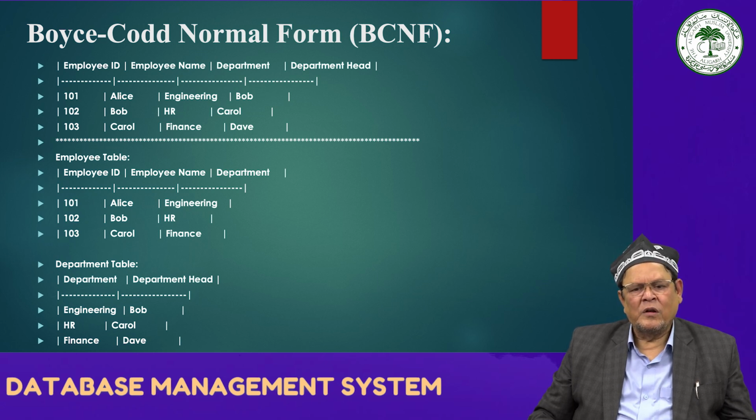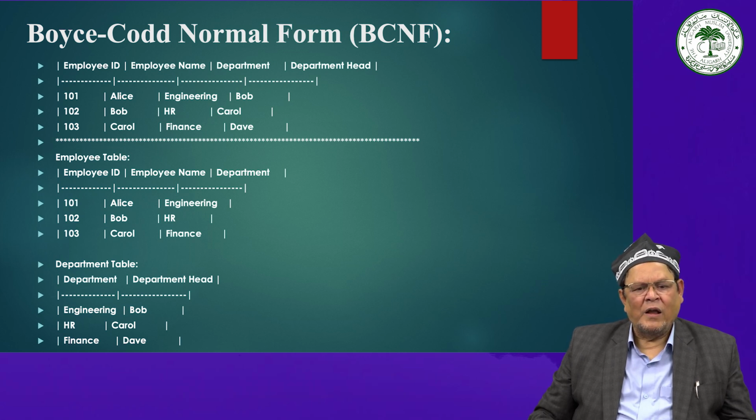The employee table contains employee ID, employee name, and the department, while the department table contains the department and department head. Each table satisfies BCNF as the determinant, employee ID in the employee table and department in the department table, is a candidate key.